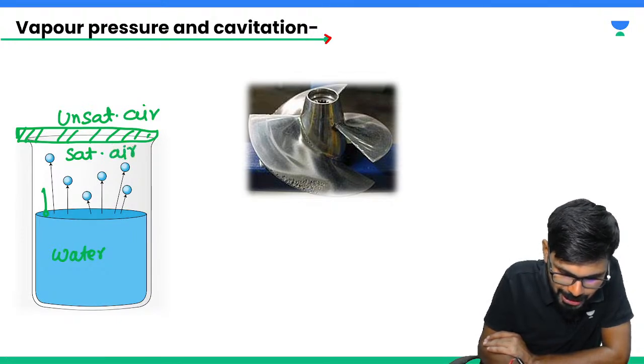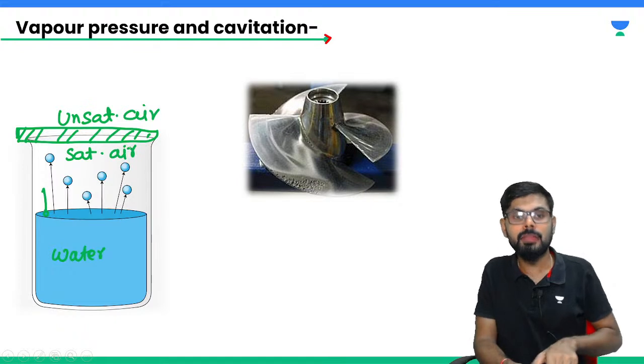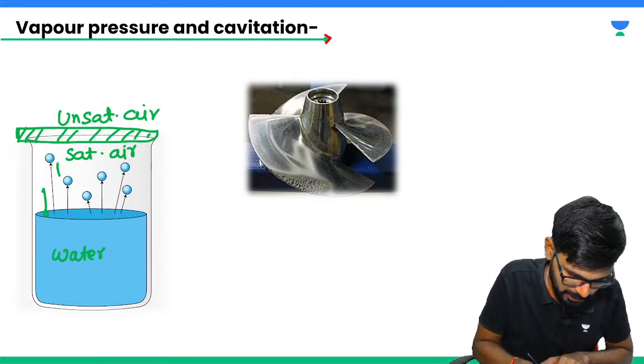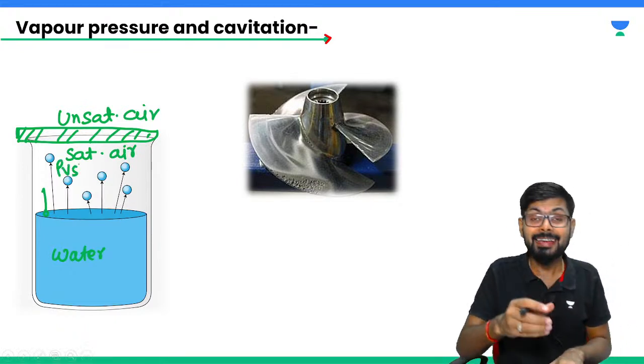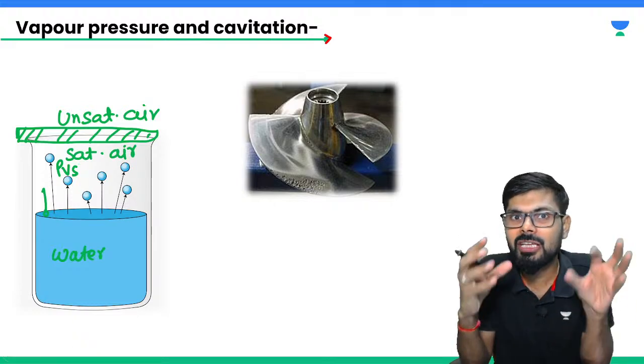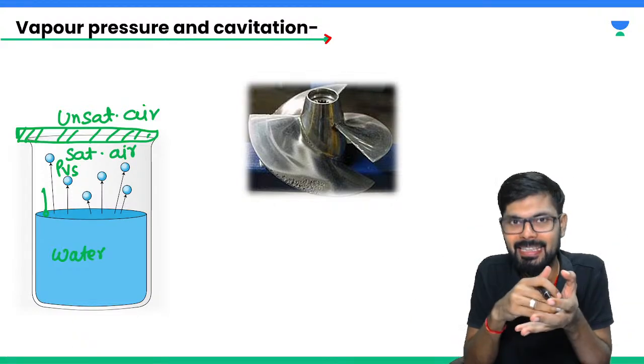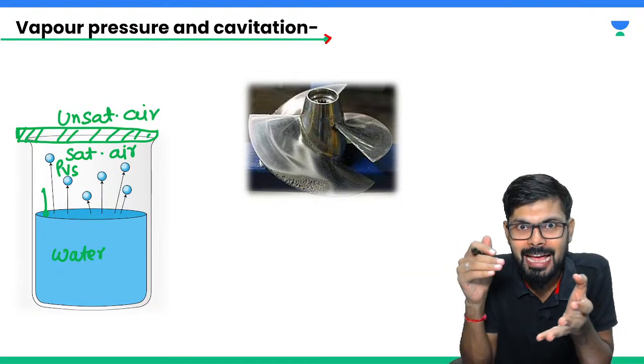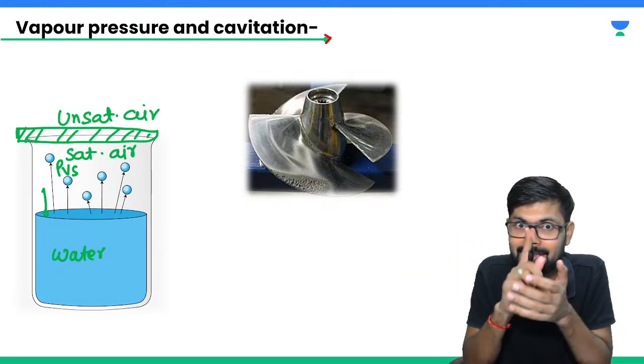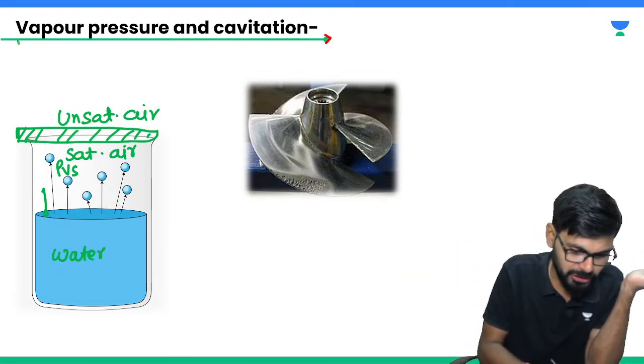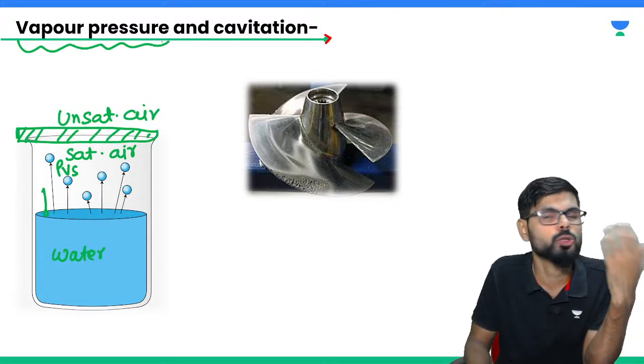When it becomes saturated air, beta, then the pressure will be PVS. So at this time, whatever partial pressure of saturated air is there is basically called vapor pressure. Either you say vapor pressure or saturated vapor pressure.